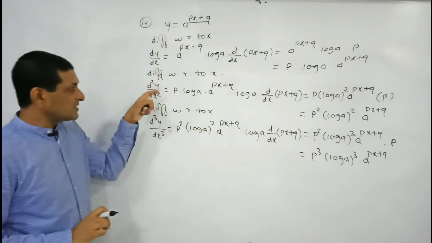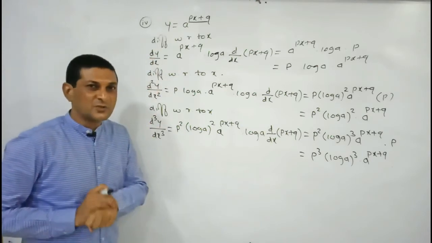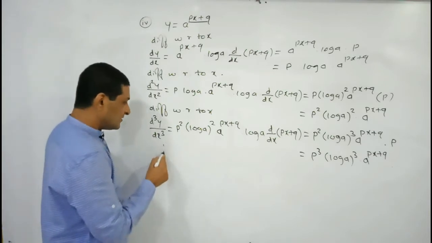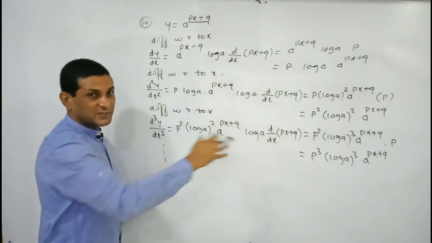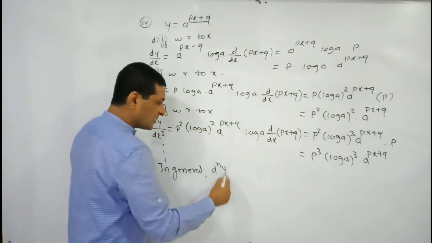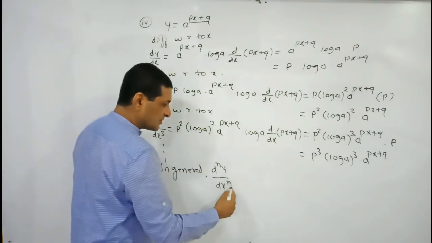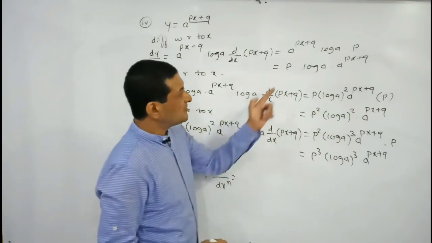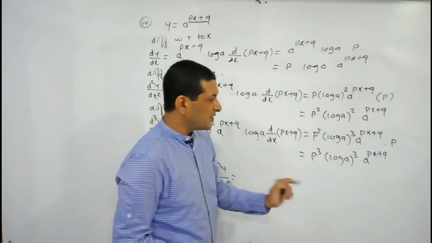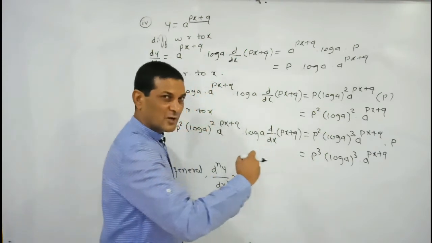Once the first order, second order and third order derivatives are known to us, to find the value of the nth order derivative, we make use of these results. So in general, the nth order derivative will be equal to, observe here, what is the power of p in the first order derivative? 1. In the second order derivative 2, in the third order derivative the power of p is 3.